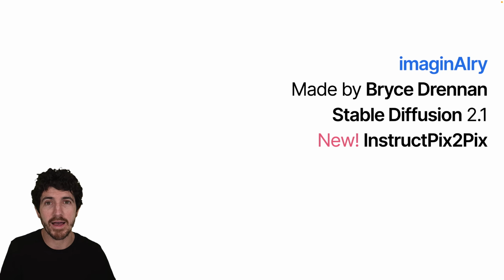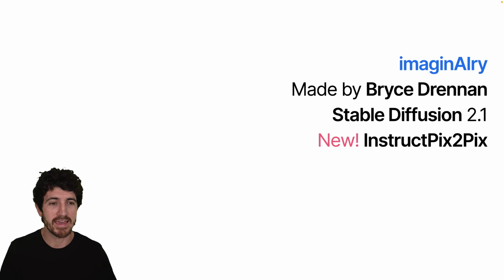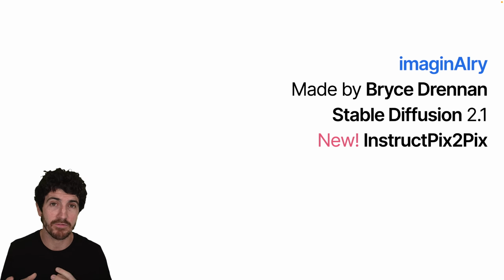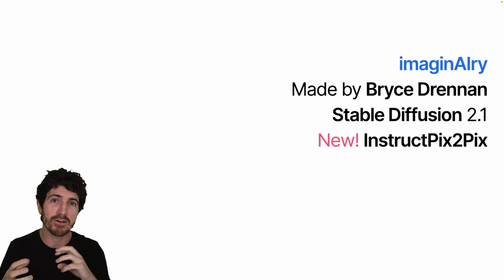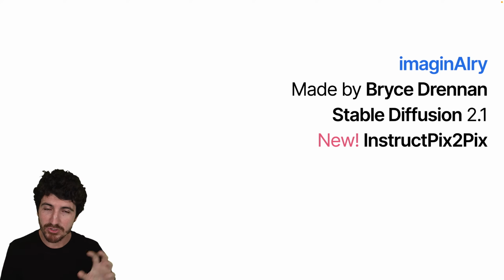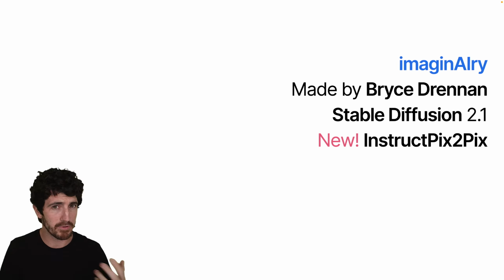The new thing, why I prepared to do this live stream, because I've shown imaginAIry before, is that they added InstructPix2Pix. They grab the checkpoint model from Hugging Face, and through the same API, they allow you to generate images also with InstructPix2Pix. I'm going to show a bit, but InstructPix2Pix allows us to just give instructions to the generator and use Stable Diffusion somehow.